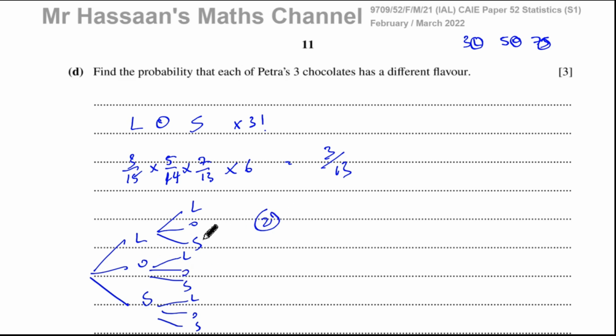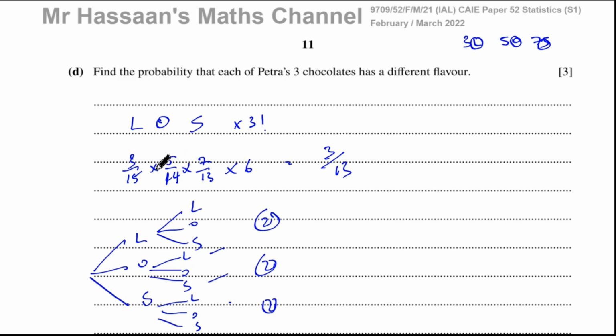From this branch you'll have OLS and OSL. So there'll be 2 branches from these altogether. And from here you have SLO and SOL. There'll be 2 from here as well. You can't have anything repeated. So there's going to be 6 different ways, which is what this times 6 is.